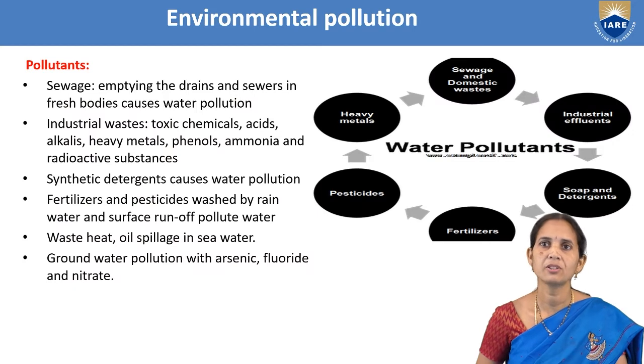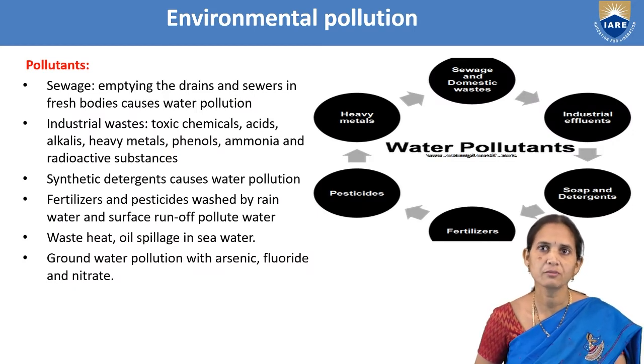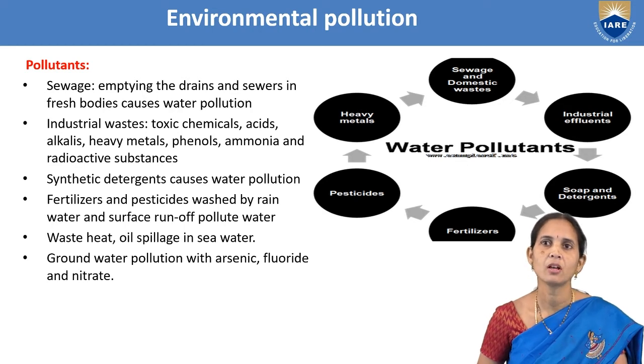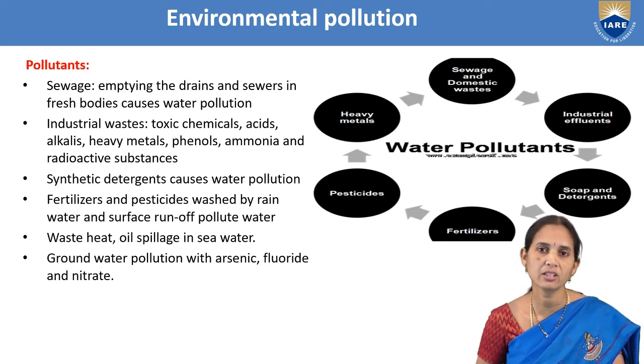So pollutants we know now: sewage, wastewater coming out from industries, from houses. Emptying the drains and sewers in fresh water bodies causes water pollution. Industrial waste: toxic chemicals, acids, alkalis, heavy metals, phenols, ammonia, and radioactive substances.